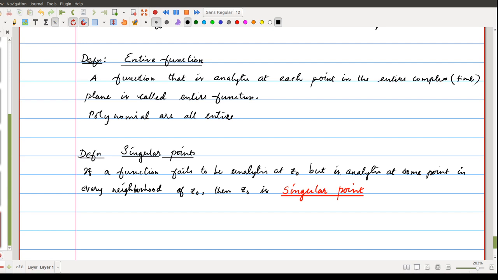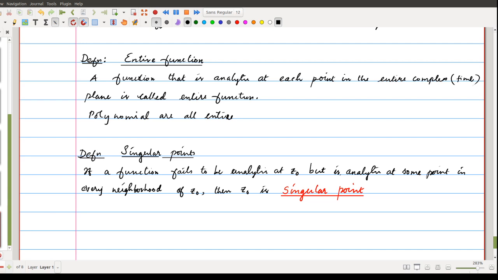One condition is that the function f should fail to be analytic at that point, and if we choose any neighborhood of z0, then there should exist some points at which this f is analytic. Okay, f need not be analytic at z0, but f should be analytic at some point of every neighborhood. So this is the definition of a singular point.